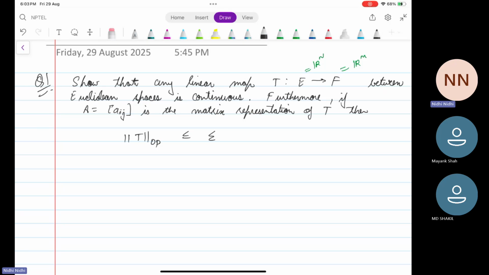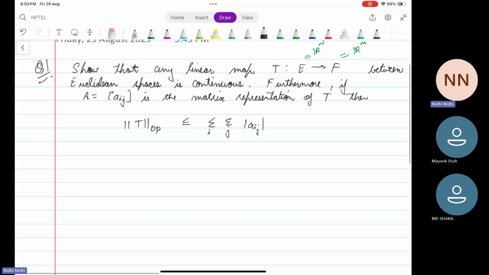Then we'll show that this operator norm has some upper bound: summation over i, then summation over j, mod aij. We'll see the limits of i and j.